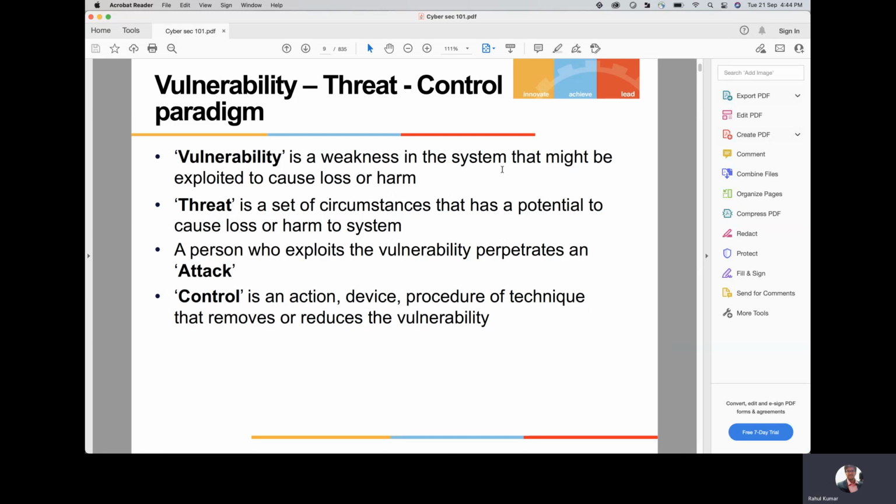A vulnerability is a weakness in the system that might be exploited. Think of it as a gap, a weakness which can be exploited by an attacker to get an advantage, to get some confidential information, or to break into the system. Okay, that's a vulnerability.